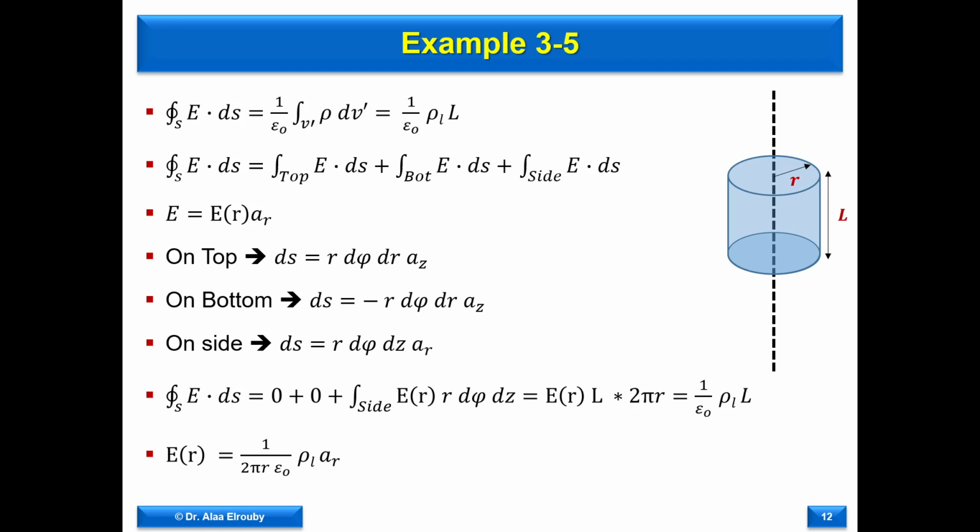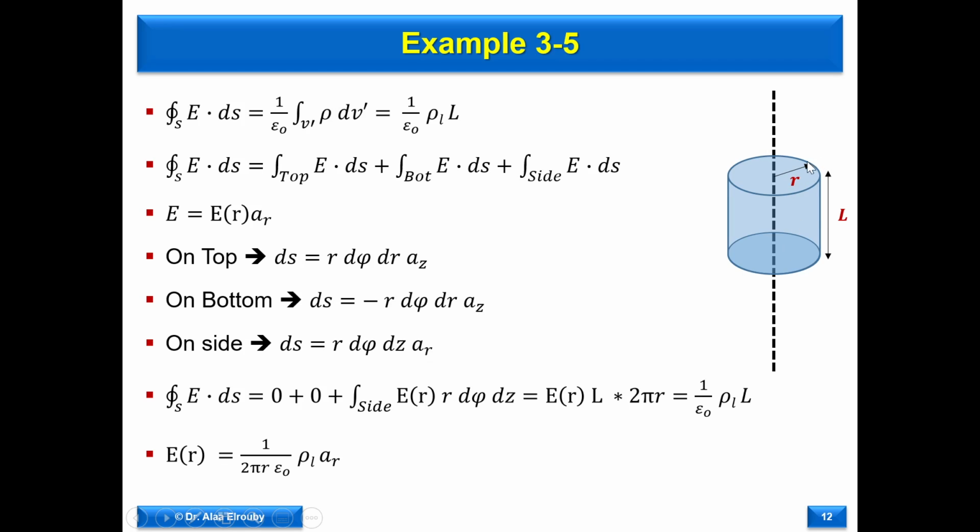If not, please review the lecture on the orthogonal coordinate system, I think it's lecture number 3. On the bottom, the expression for ds is negative, because the surface we are talking about is the surface enclosing the volume, so the flux points out of the volume. So for the bottom, ds is pointing in the negative z direction.